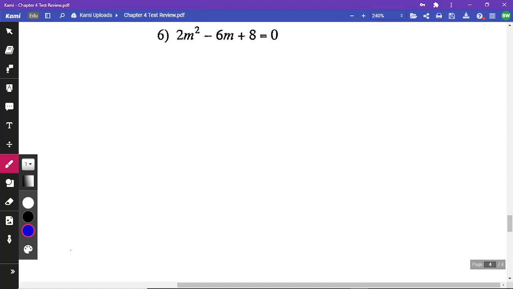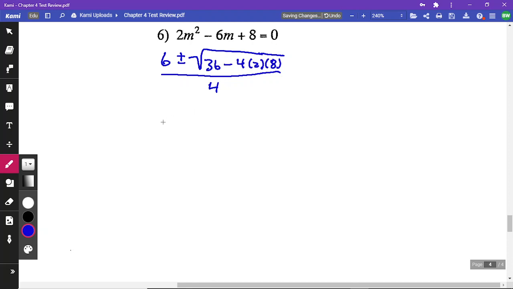Negative b this time is positive 6, right? Plus or minus the square root of b squared, which is 36, minus 4ac. 4 times 2 times 8. So you have a big number that you're subtracting there, and we see we're going to get a negative under the radical. On the denominator, 2a is 4. Okay, so we get 6 plus or minus the square root of 36 minus 64, all over 4.